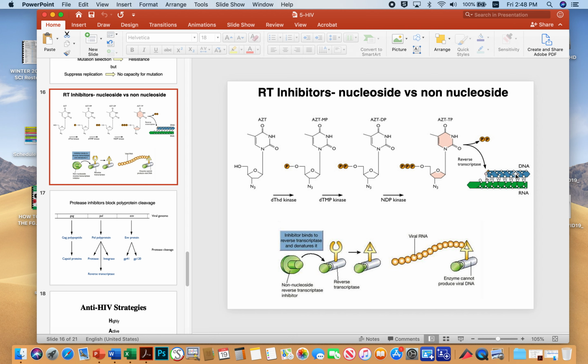So imagine the polymerase is going along laying down bases. If it grabs this base and tries to stick it in there, this azide prevents the phosphodiester bond from forming, and so the chain is terminated and the virus can't replicate. The problem is, you're relying on this nucleoside analog to look enough like the actual chemical and be specific enough for this particular enzyme that it doesn't interfere with replication in the host cells, like natural replication.